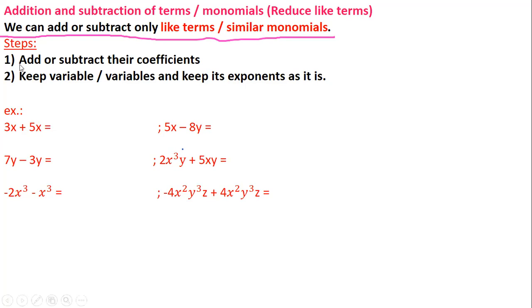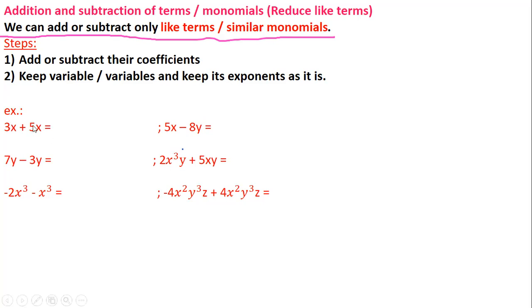So what are the steps of addition and subtraction of like terms or similar monomials? Add or subtract their coefficients. We keep the variable as it is and we keep the exponent as it is. I do not change the variable or the exponent, I only add and subtract the coefficients, right?